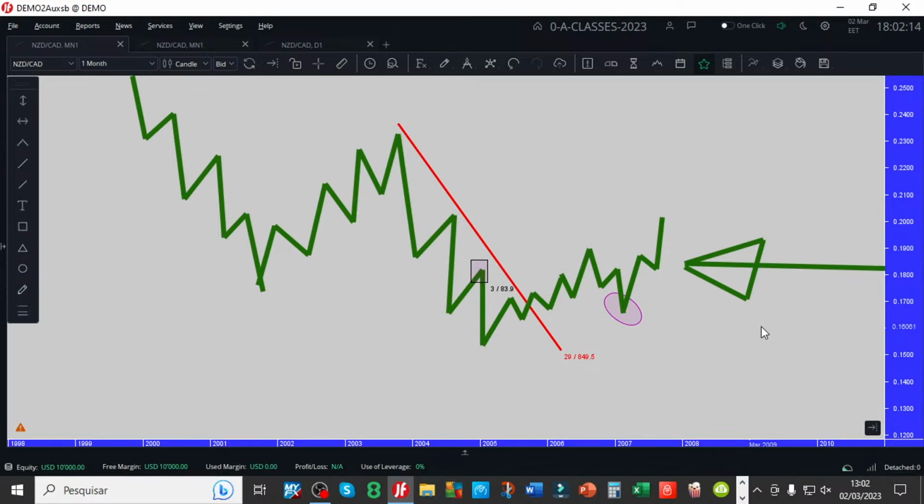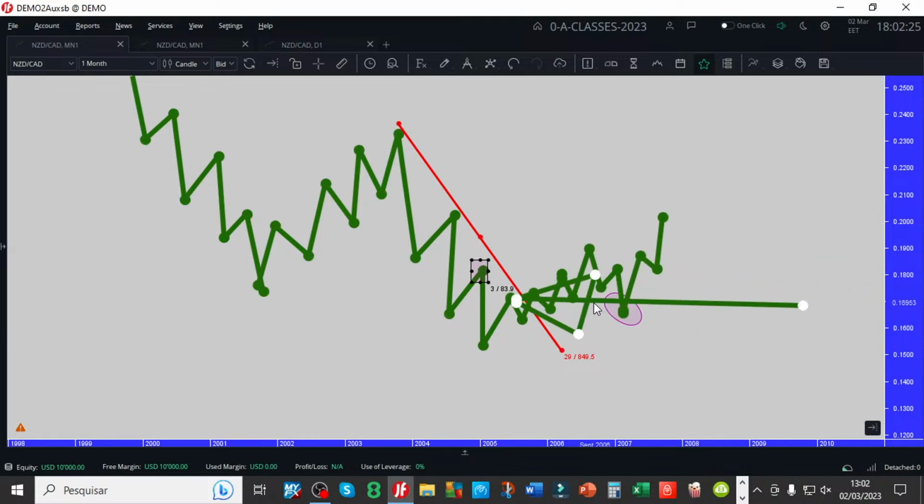I'm too crying, boss. Don't cry, everybody. It's a learnable skill. Make sense? You are going to have losing trades. You are going to have losing trades. There is no way you are going to predict this.